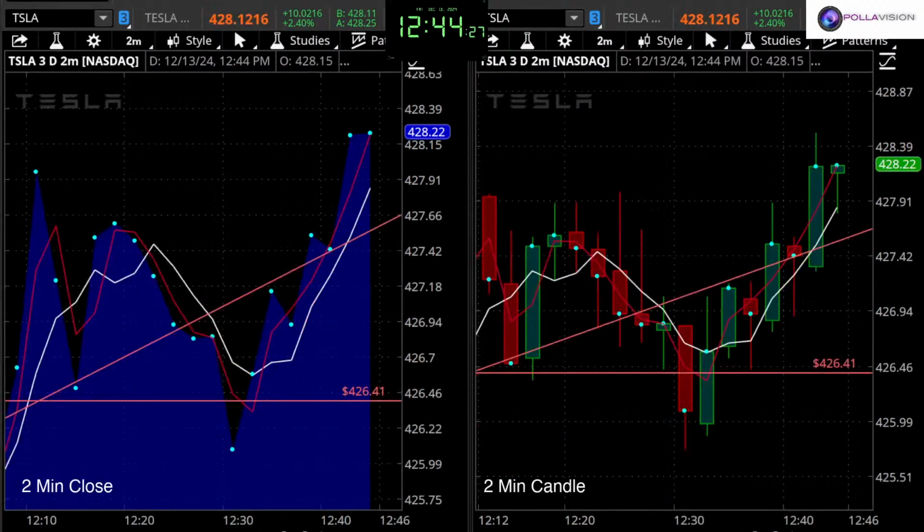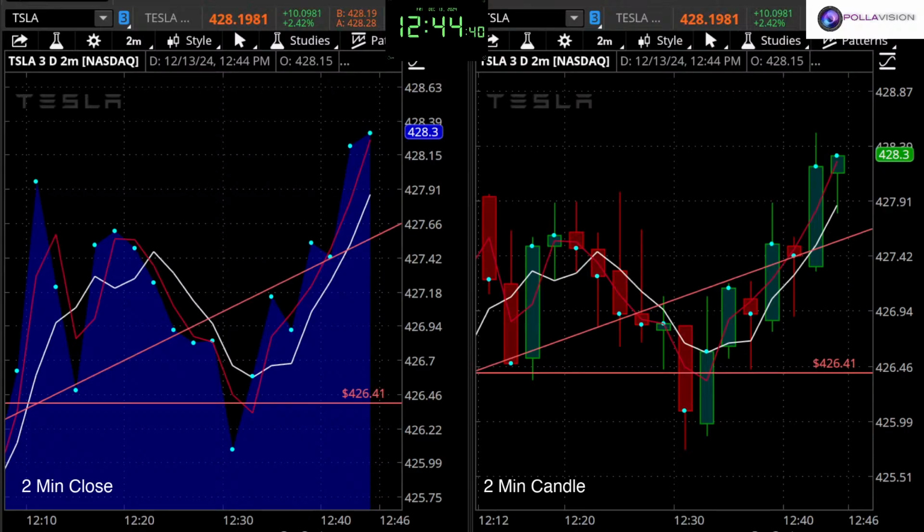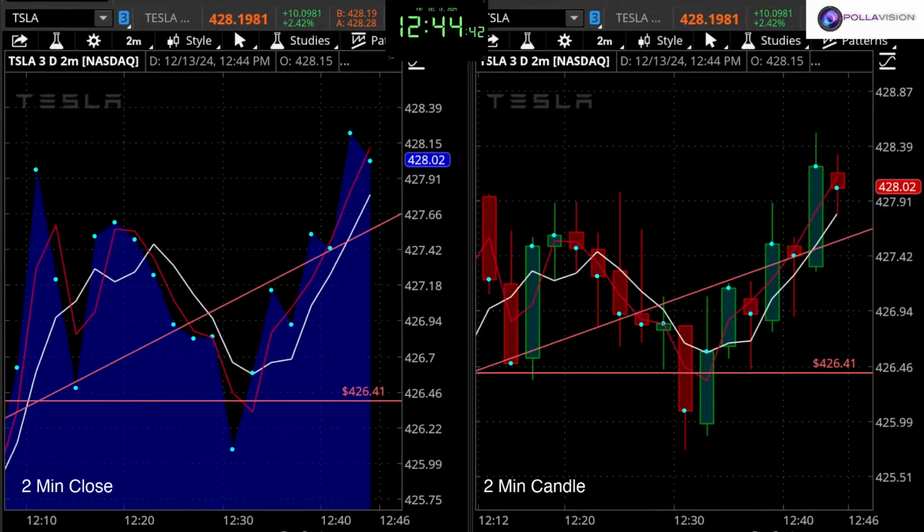Back to the 2-minute. So now we have from the bottom 425, 428. That's a $3 move.